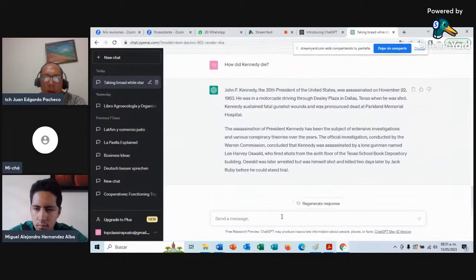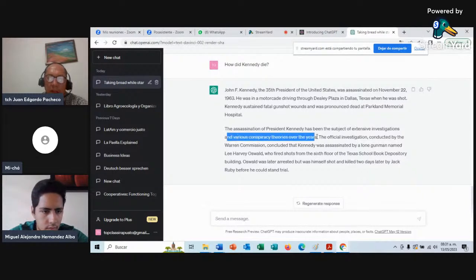Gunshot. Look, there have been extensive investigations and various conspiracy theories. But it refers to the official investigation, right?